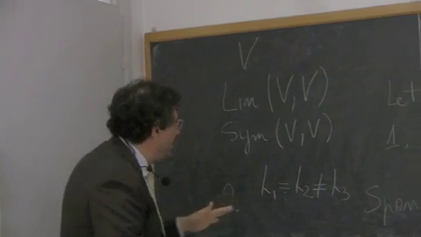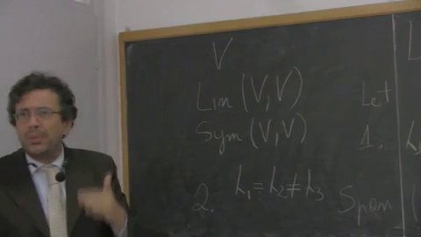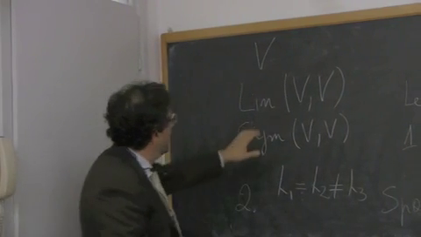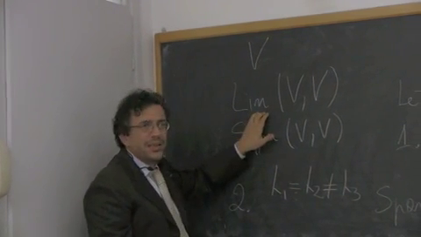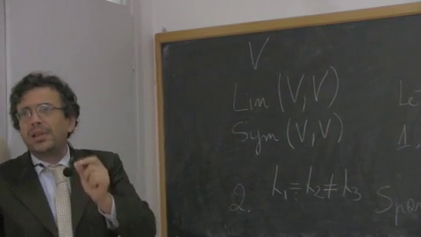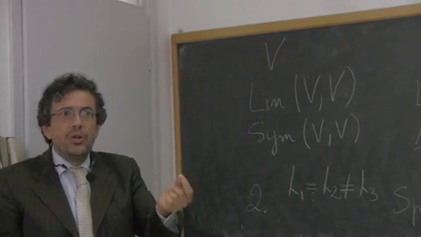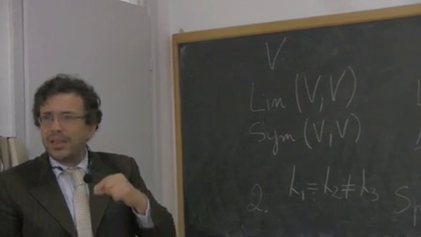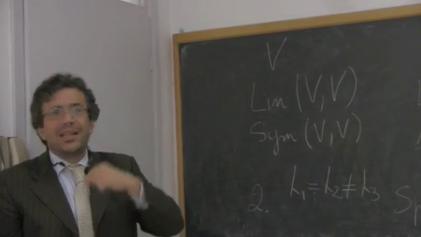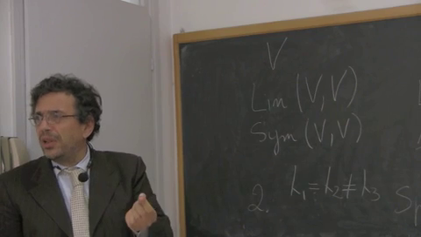We already said this several times talking about matrices, but I want to repeat it once more. You can sum two linear applications and you get another linear application. You can multiply a linear application times a scalar and you get another linear application.